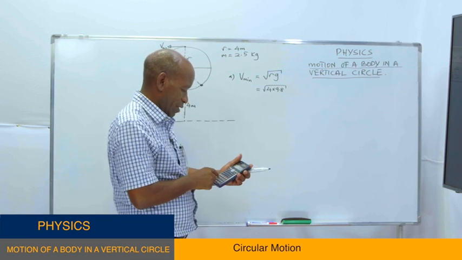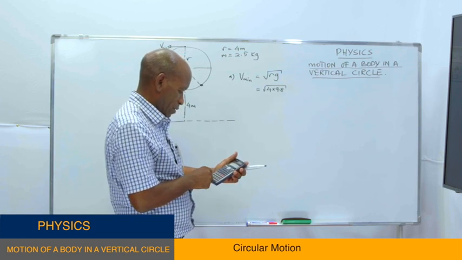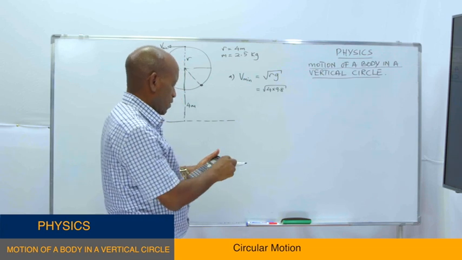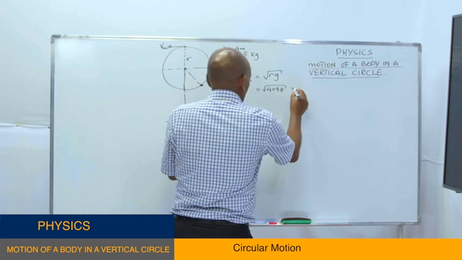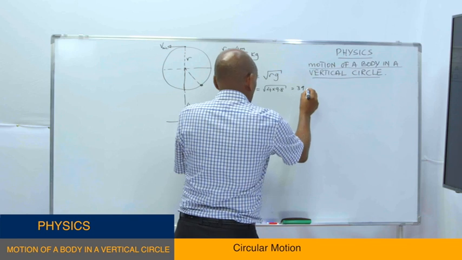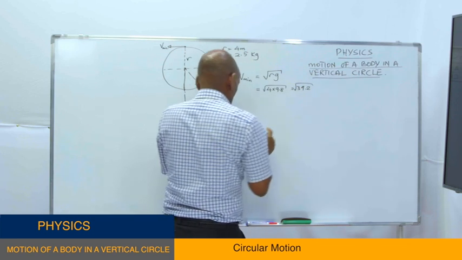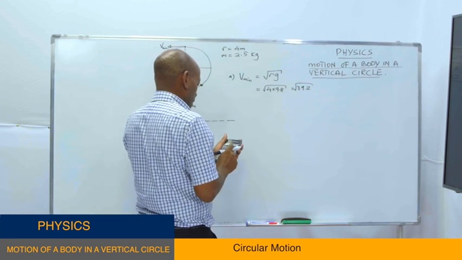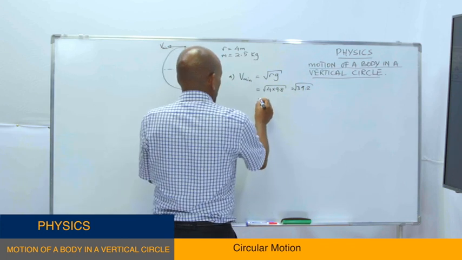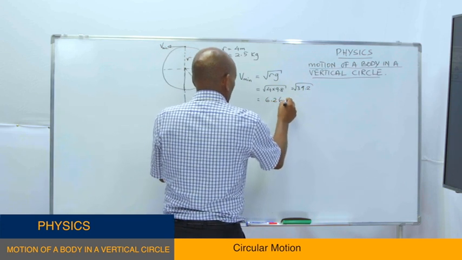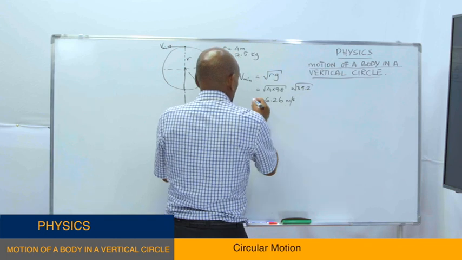If you calculate there, you will get the square root of 39.2, and the square root of that is 6.26 meters per second.